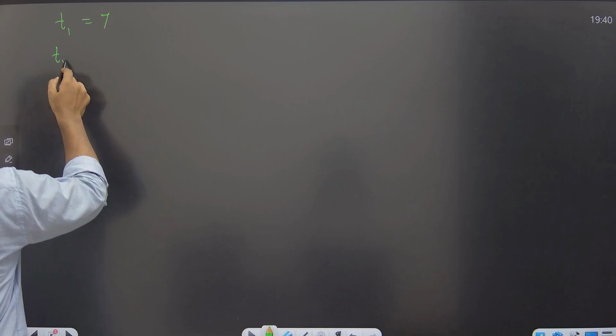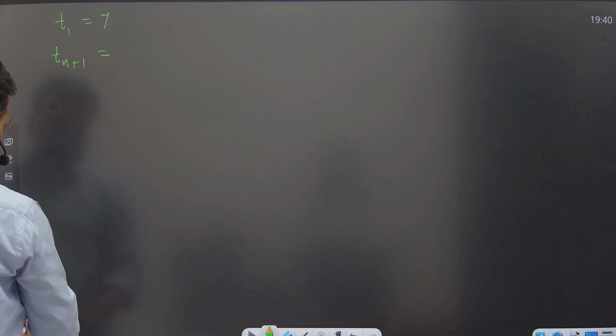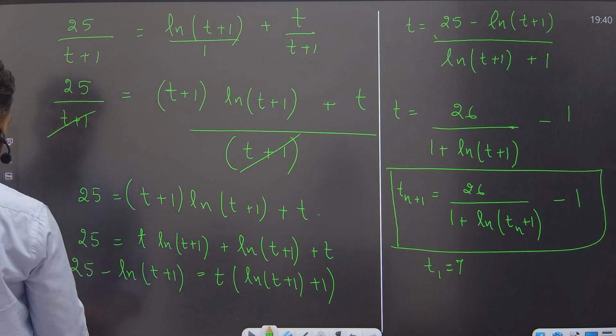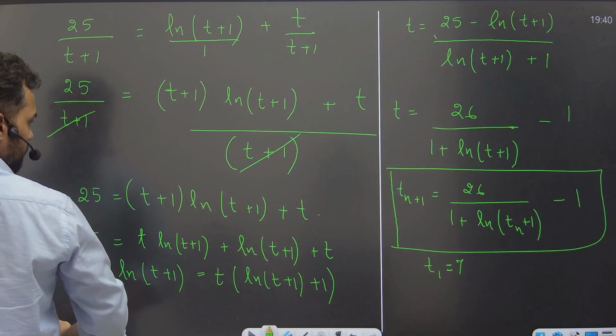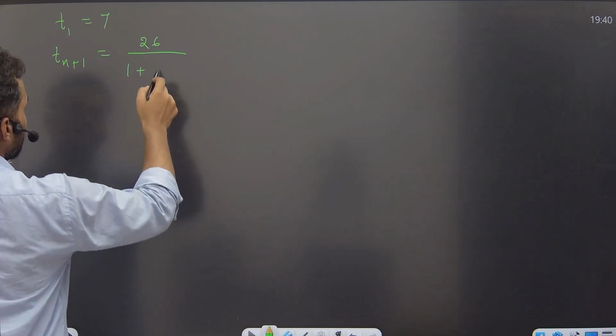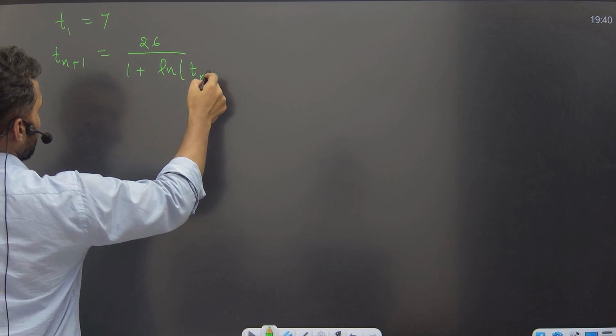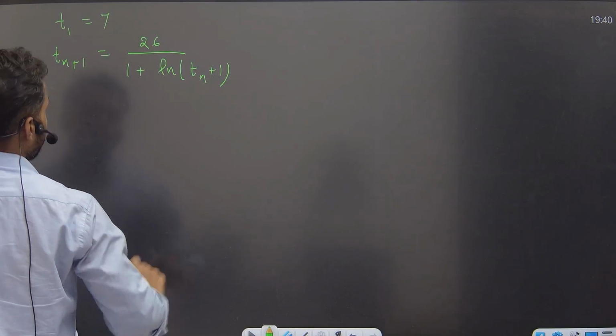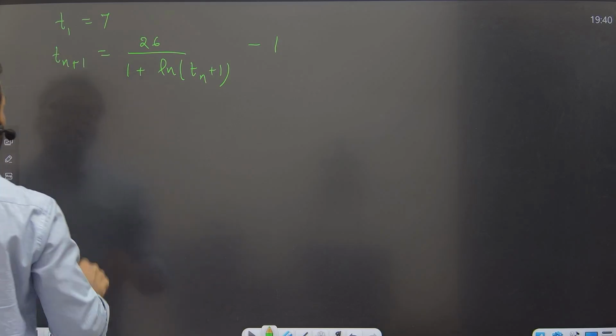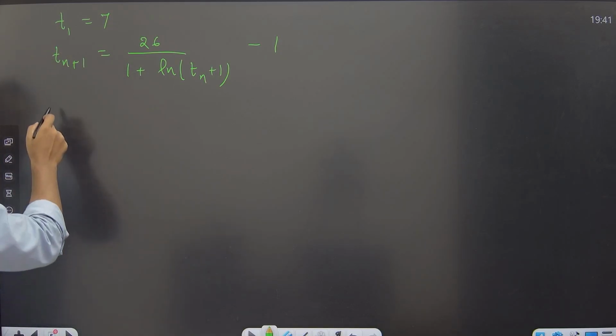t1 is equal to 7, and the given equation was, I'll write the equation again, student. T n plus 1 is equal to 26 by (1 plus log of (T n plus 1)) negative of 1. Okay, so on keeping n equals 1, what we'll get?